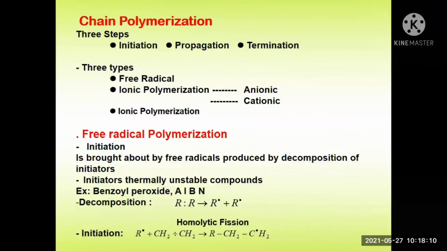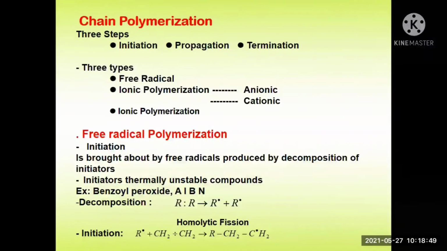When polymerization takes place through ionic mechanism, the ion may be a carbanion or a carbocation. Anionic intermediate involves a carbanion intermediate and cationic intermediate involves a carbocation intermediate.